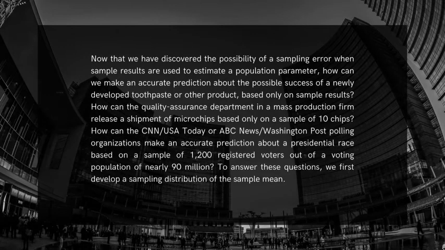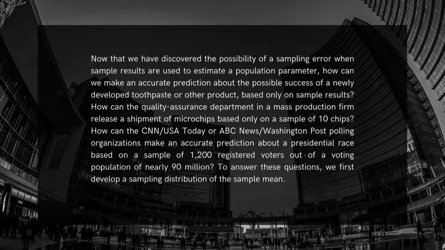Now that we have discovered the possibility of a sampling error when sample results are used to estimate a population parameter, how can we make an accurate prediction about the possible success of a newly developed toothpaste or other product based only on sample results? How can the quality assurance department in a mass production firm release a shipment of microchips based only on a sample of 10 chips?